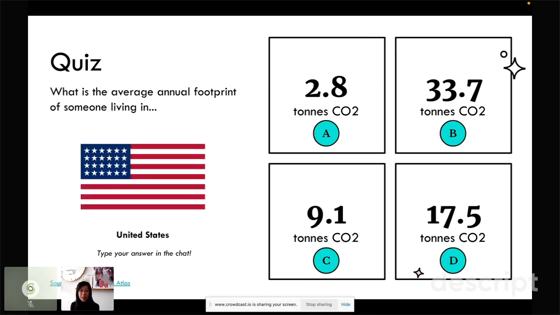Now, what about the US? Okay, what do you think the carbon footprint of the US is? We've got a D from Denise. We've got a C, some B's, some more D's here.